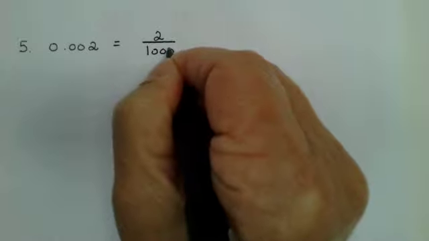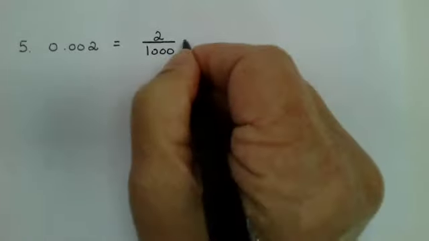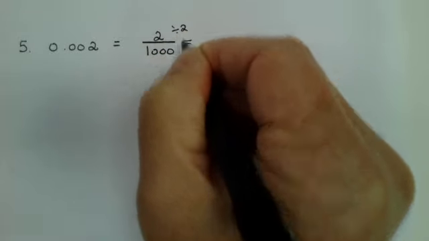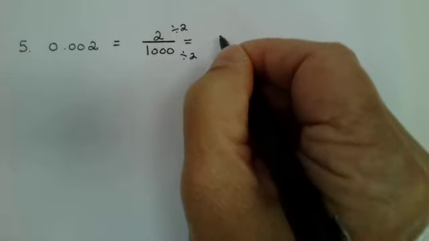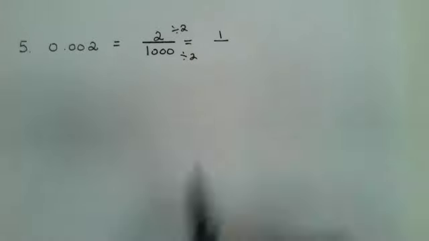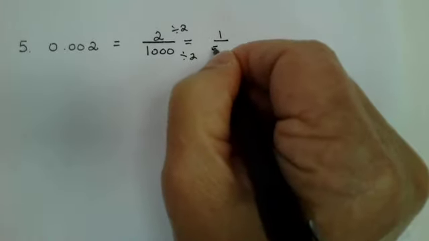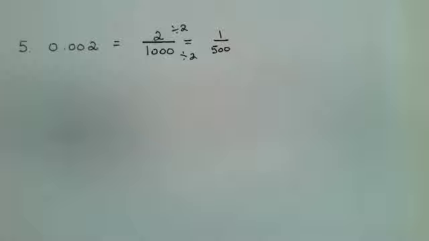And then I always have to reduce this fraction. I'm going to divide the top and the bottom by 2. I'm going to get 1 in the top, 500 in the bottom.